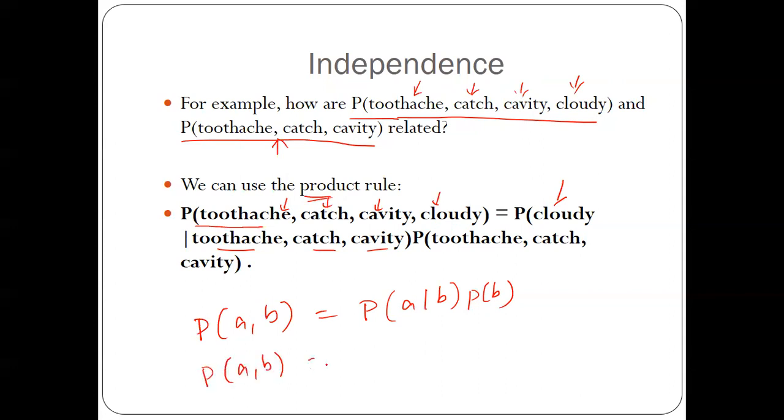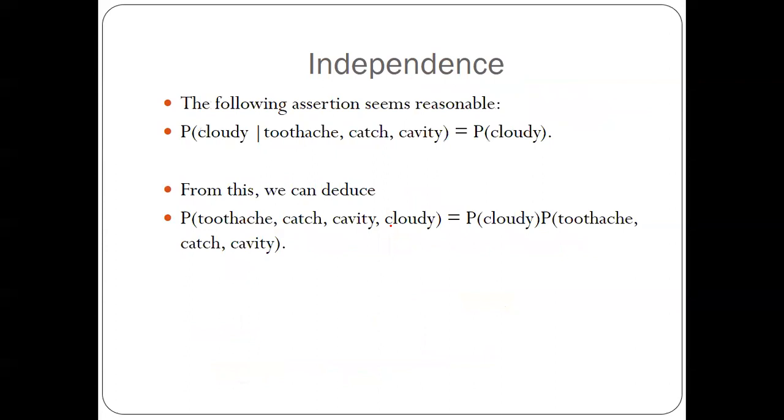Probability of A comma B can also be written as probability of B given A into probability of A. So we are stating that the probability of the weather being cloudy, given that somebody is having toothache, catch, and cavity, into the probability of somebody having toothache, catch, and cavity. So using the product rule, this statement can be represented like this.